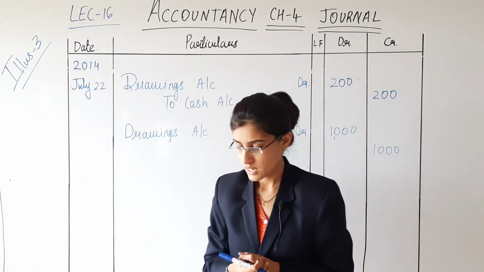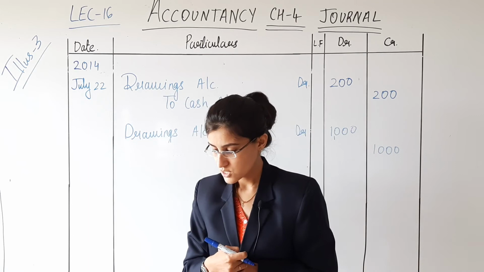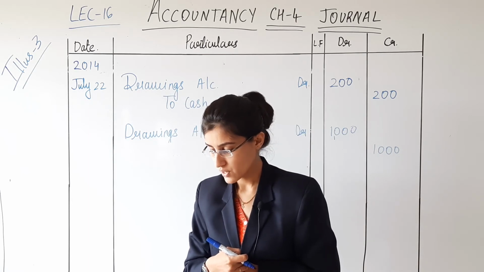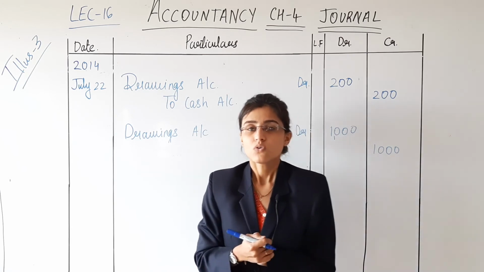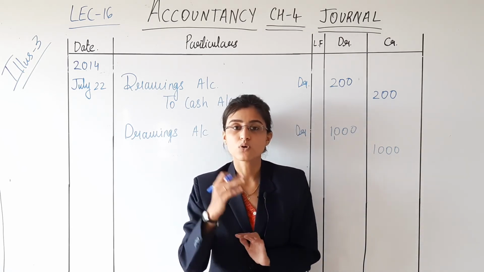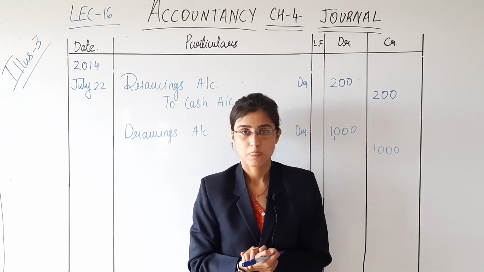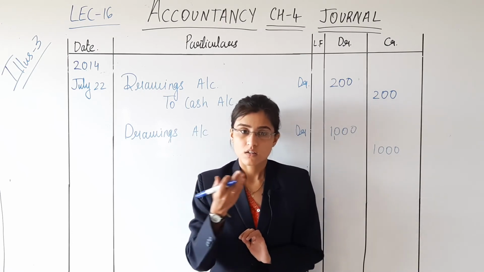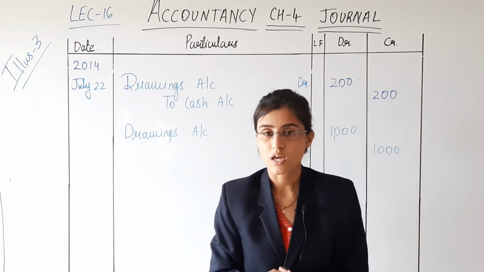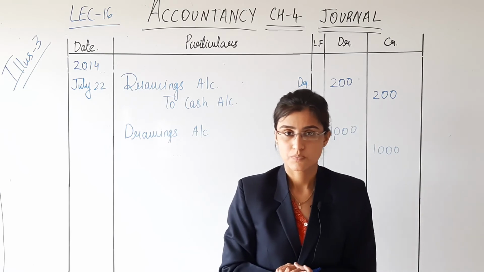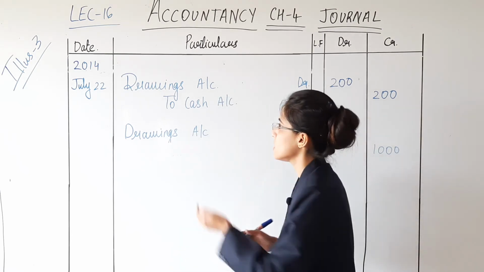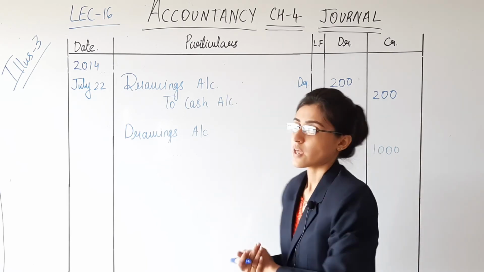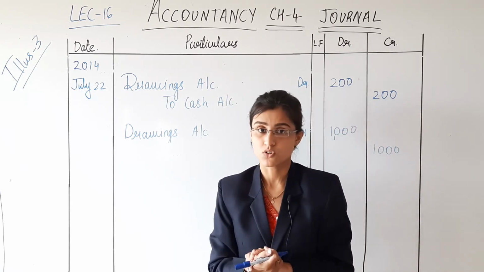Alright. Next. It is withdrawn goods of rupees 400 for personal use from business. Now, for the very first time, goods have been withdrawn. Till now, it was cash withdrawn by the owner or cash paid for personal expenses. So, we used to write drawings account debit to cash. Now, goods are withdrawn.